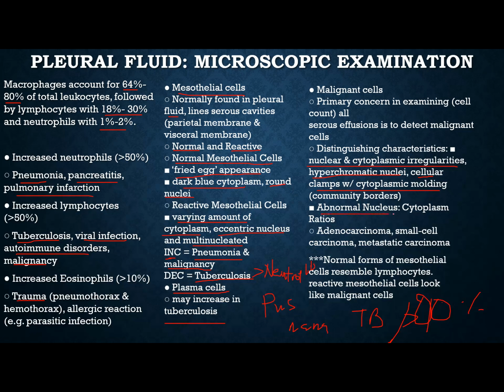It also has an abnormal nucleus cytoplasm ratio. Seen in adenocarcinoma, small cell carcinoma, metastatic carcinoma. Normal forms of mesothelial cells class would often resemble lymphocytes, while reactive mesothelial cells would look like malignant cells.